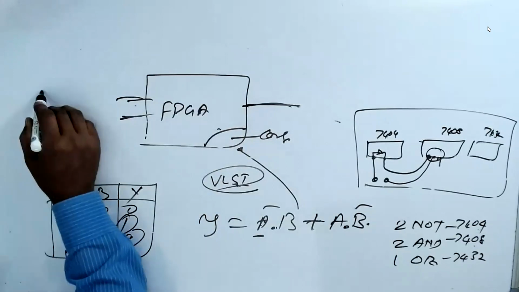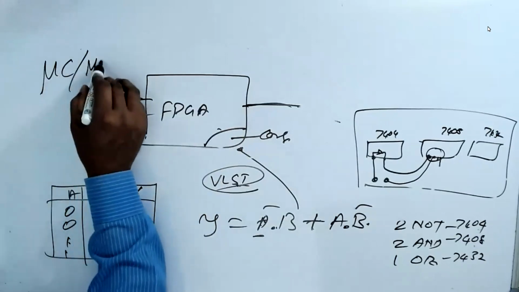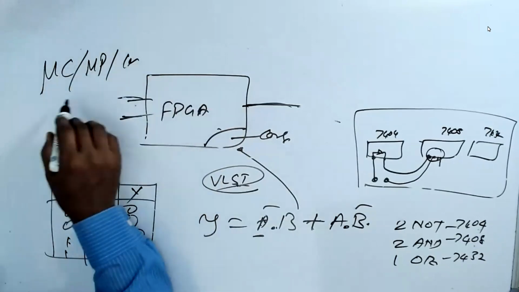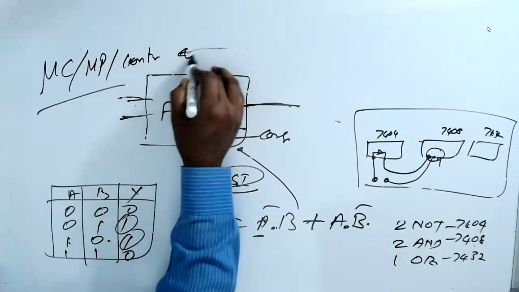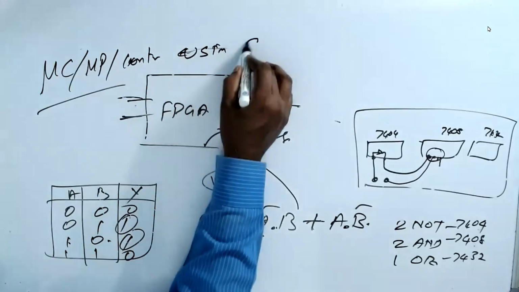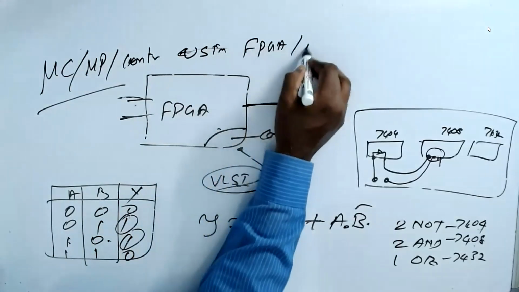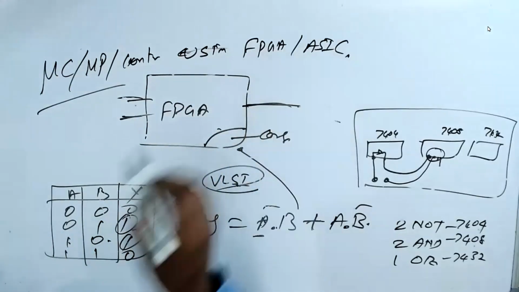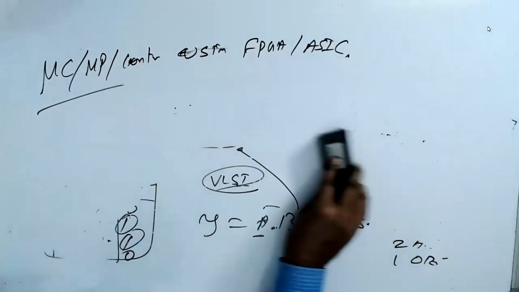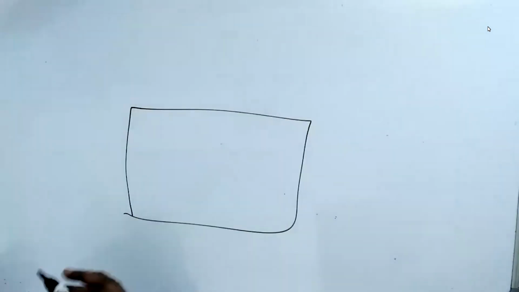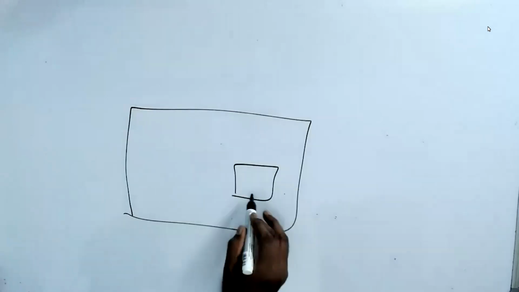So your microcontroller or microprocessor or controllers are made using FPGA or ASIC. That is why I'm discussing this, because nowadays in all the embedded system products, the big companies have an FPGA.